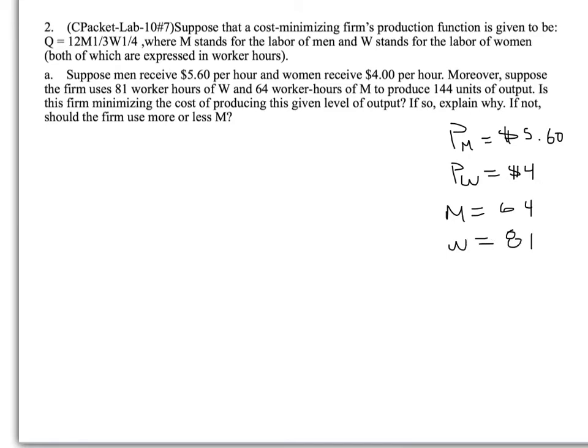And the production function here, these are exponents, is Q equals 12 M to the 1/3 W to the 1/4. This is a typical Cobb-Douglas production function, which we've seen many times.